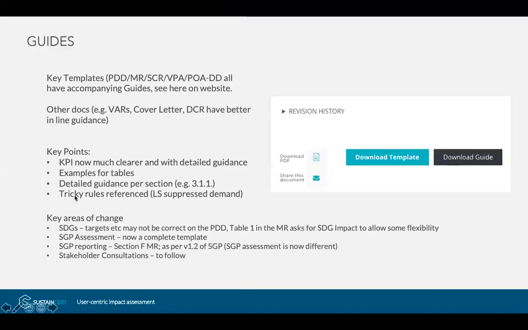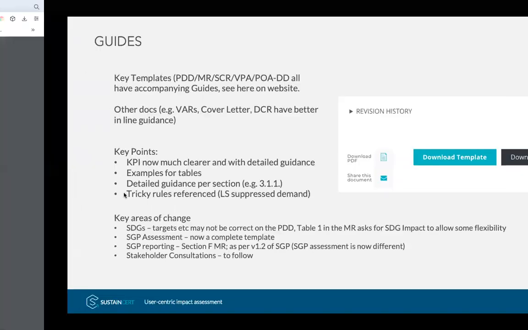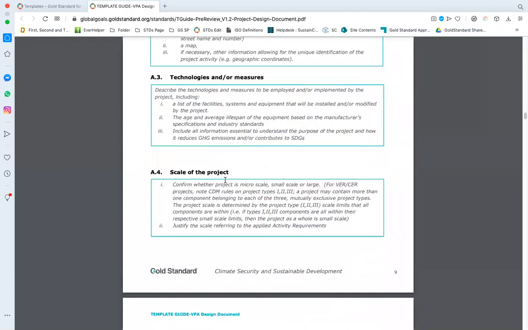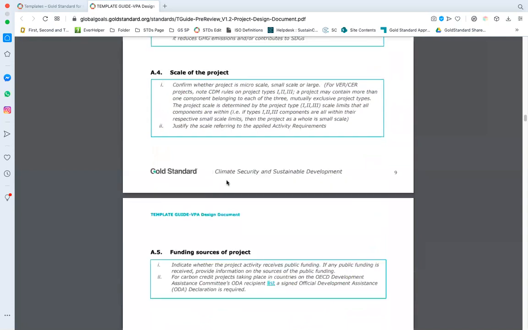Another area that we've tried to pick up on is some of the tricky rules. They might not necessarily be that obvious. For instance, large scale suppressed demand.